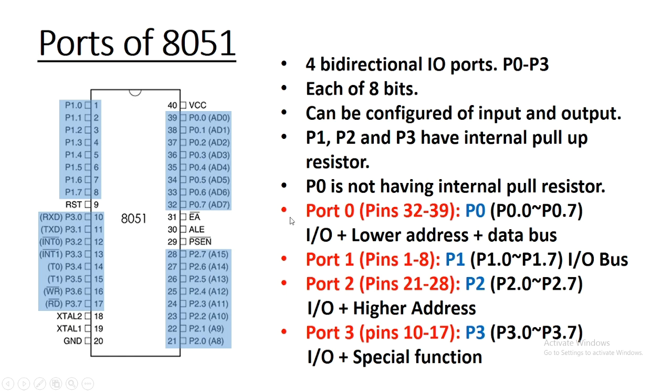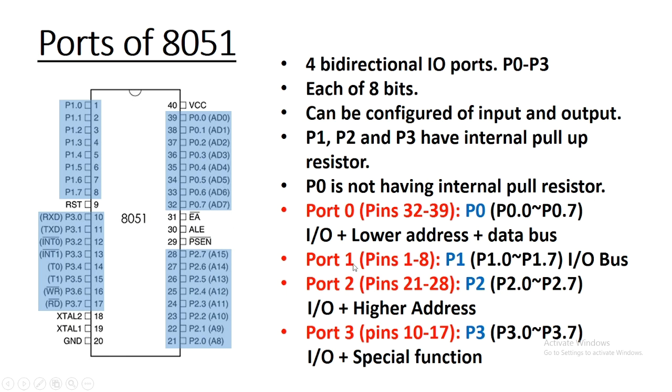Because of this external pull-up resistor, P0 can drive the devices connected to that port. Port 0 has 8 pins, P0.0 to P0.7. Basically it is used as an IO port and used to carry the lower address and data bus.